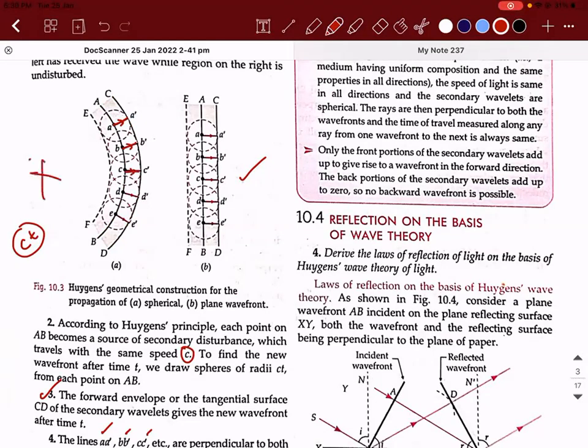Okay, so if this construction is understood by you, only then can I explain the next theory.